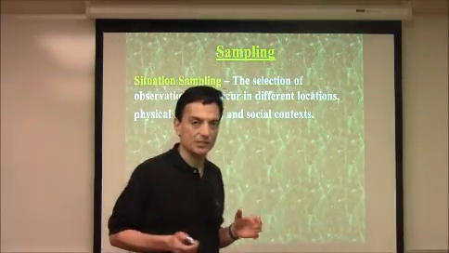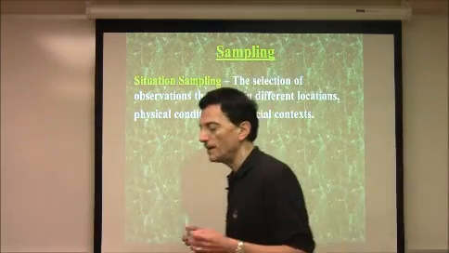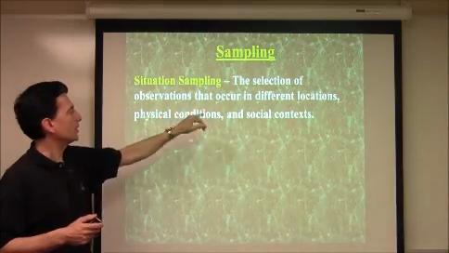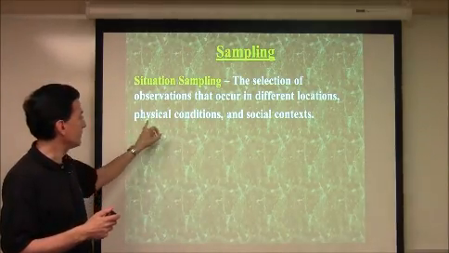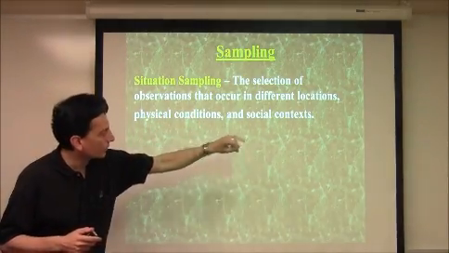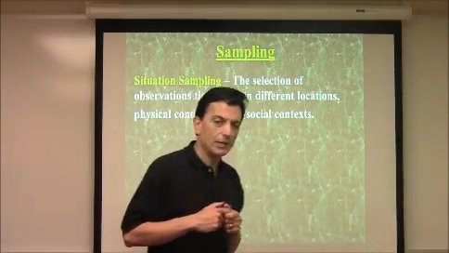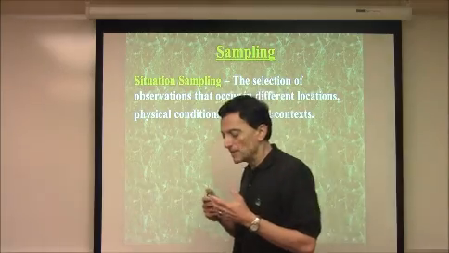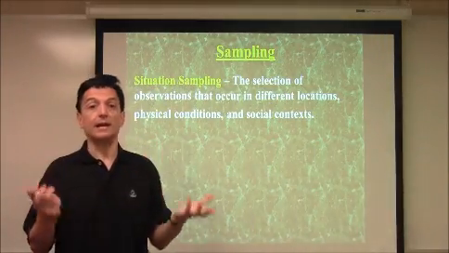Let's now contrast that with situation sampling, and we'll define situation sampling this way. The selection of observations that occur in different locations or physical conditions and or social contexts. So a situation is a very important idea in psychology. We think, for example, of the issue of personality.